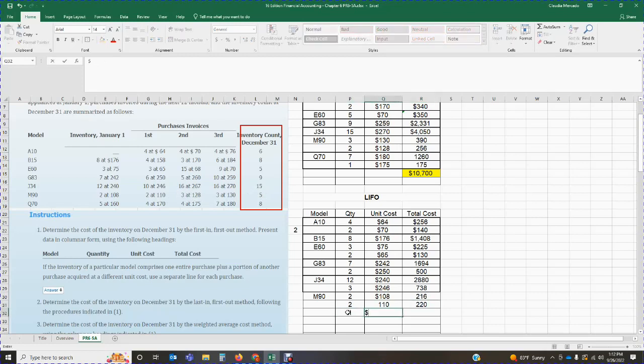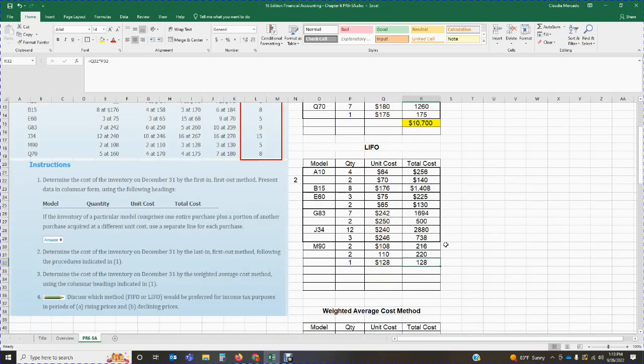You have to grab from the next tier until you make up the amount you need for your ending inventory. What comprises those 5 units? Well, we are using LIFO, which means we keep the oldest units. So I'm going to keep those 2 at 108, 2 at 110, and 1 at 128. That will complete the 5 units we have in our inventory.